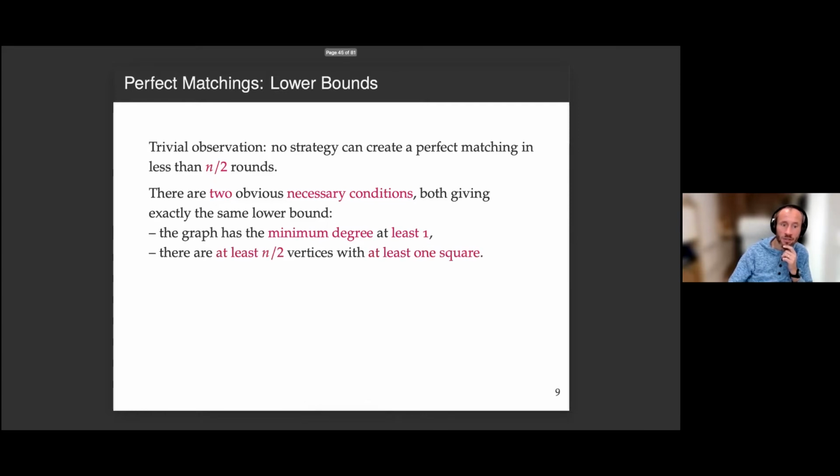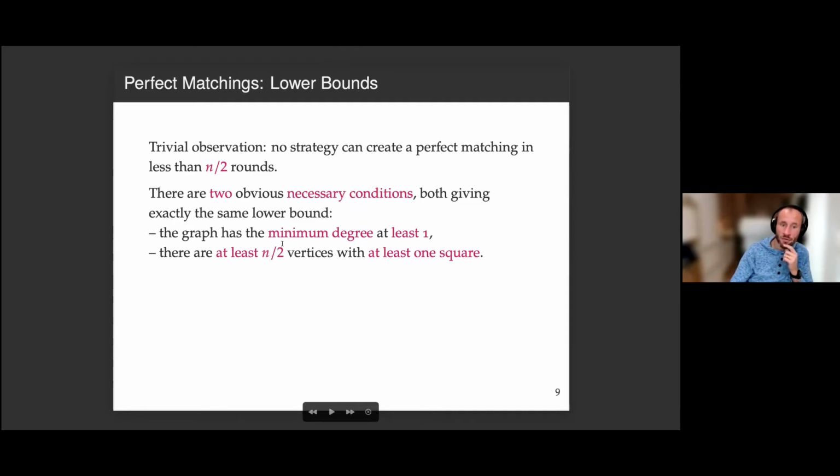And then the other necessary condition is that, look, when I have a semi-random process, every edge has a square connected to a circle, right? So if I have n/2 edges in a perfect matching, then I better have at least n/2 vertices with at least 1 square, because otherwise I cannot do my perfect matching.